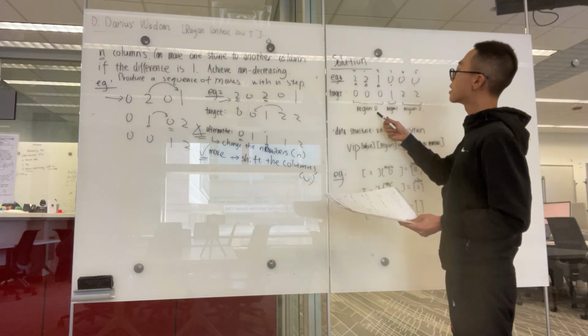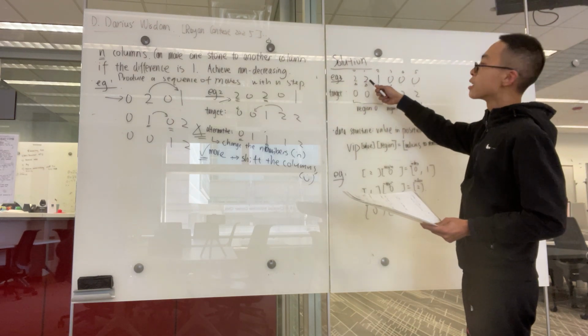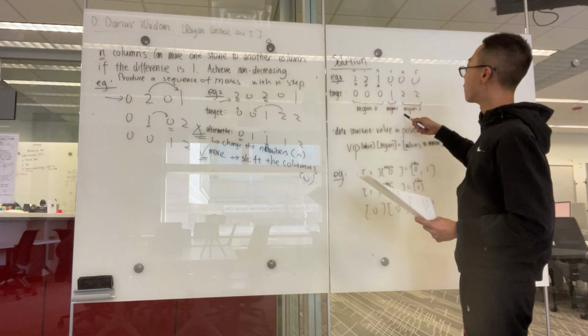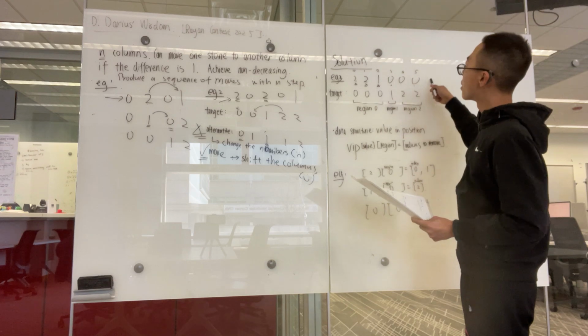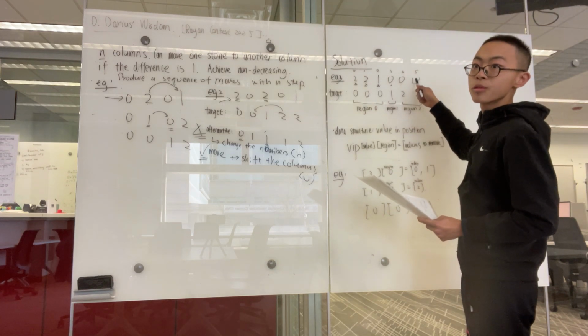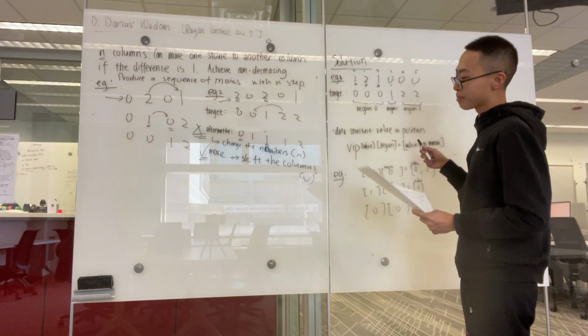Fixing region 0 means changing all of these above values into zeros. And fixing region 2 means we will change the 0, 0 into 2, 2. So after fixing 0 and 2, we are done.